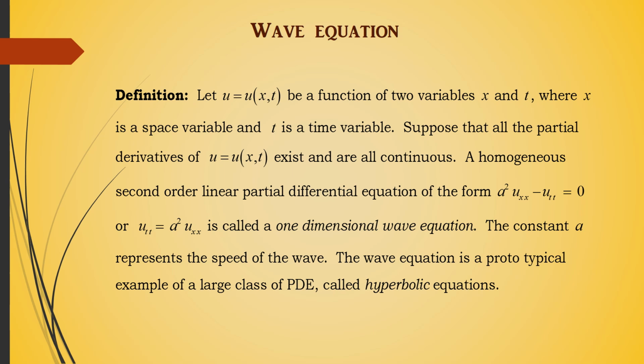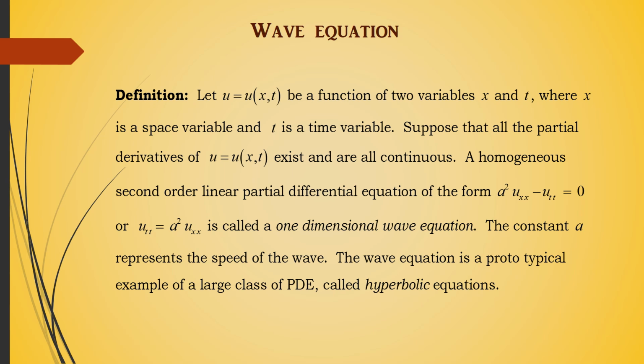The partial differential equation u sub tt equals a square u sub xx, or a square u sub xx minus u sub tt, is called a one-dimensional wave equation.